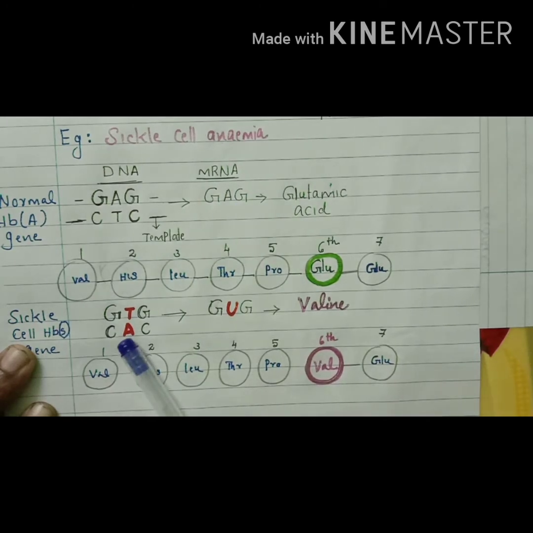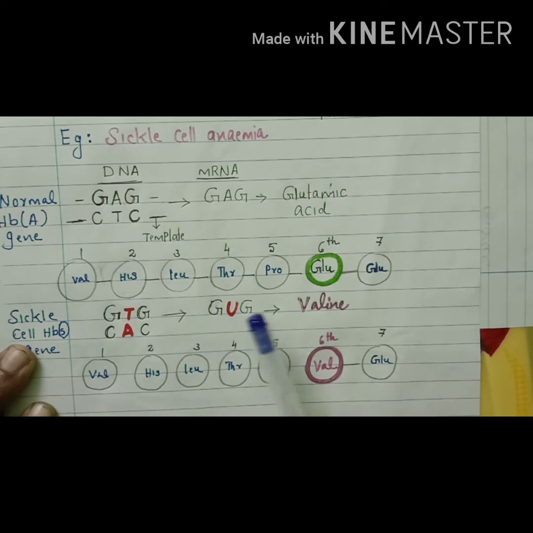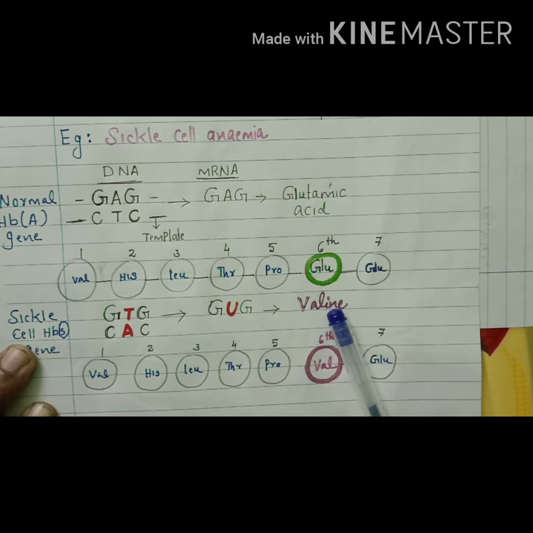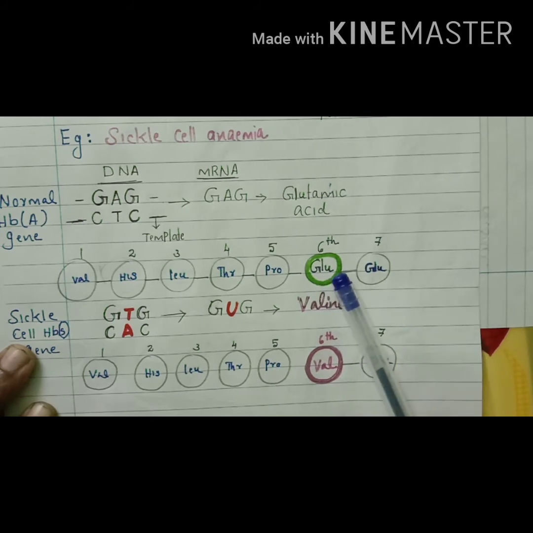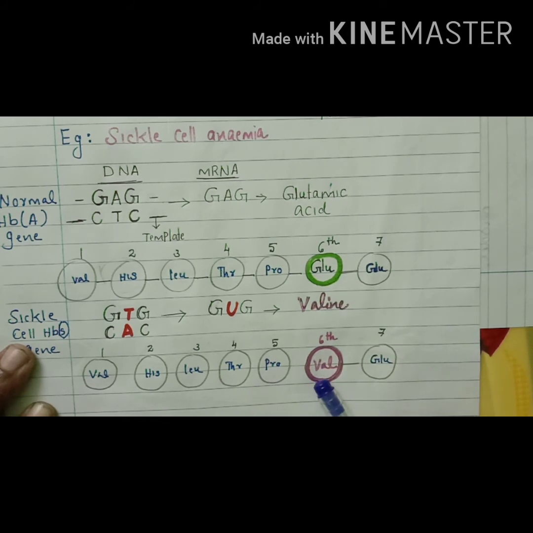Based on this template strand, the new mRNA will be GUG. And GUG codes for valine. So at the 6th position, glutamic acid is replaced by valine.